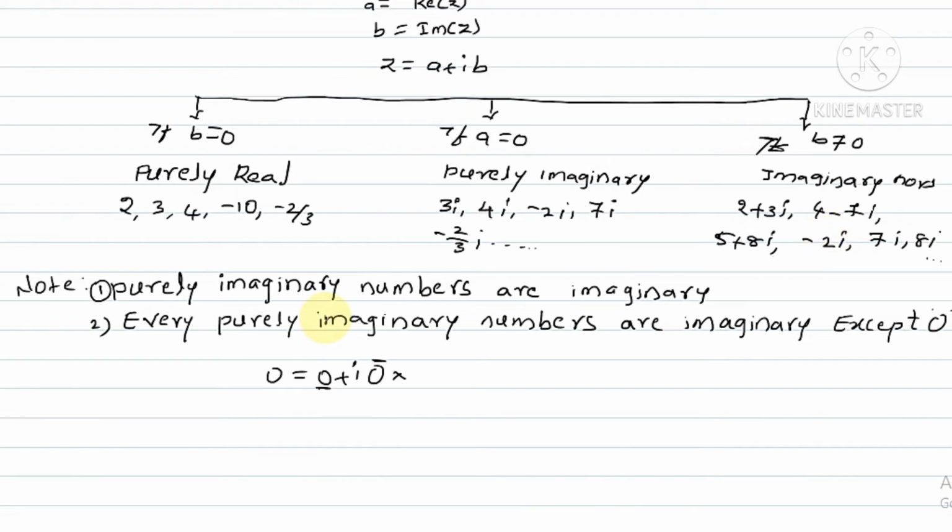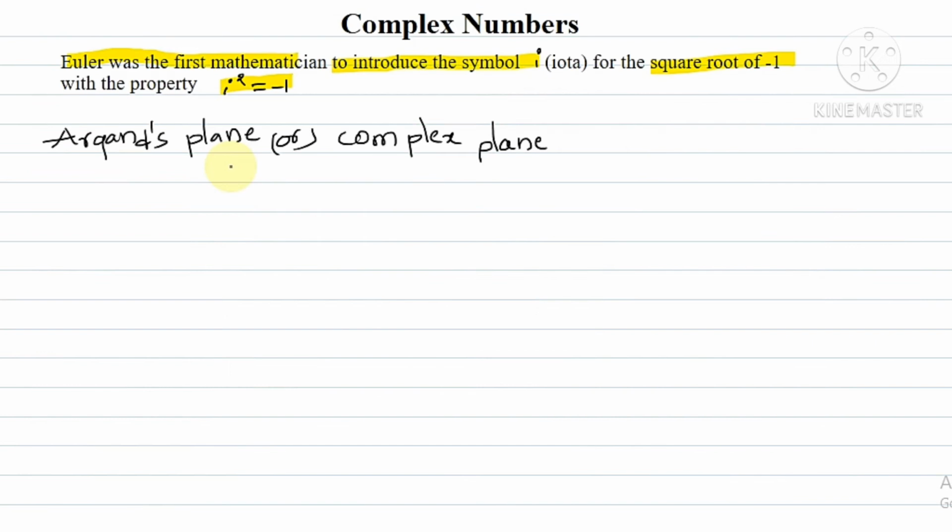So next, we can represent an ordered pair in the xy plane. In the same way, here also we have to represent the complex number in the plane. That is, the complex number as a point in the plane we are going to represent. So that plane is called Argand plane or complex plane.